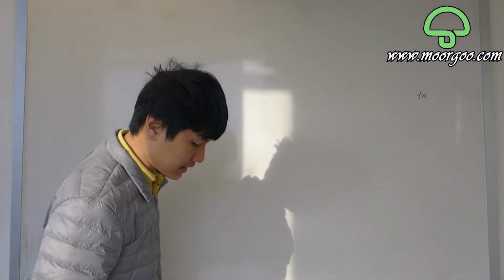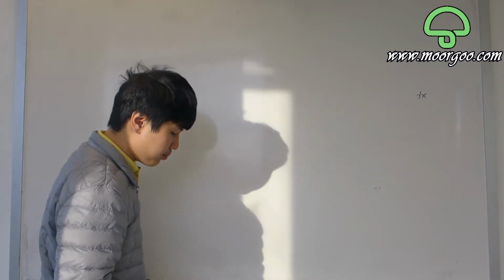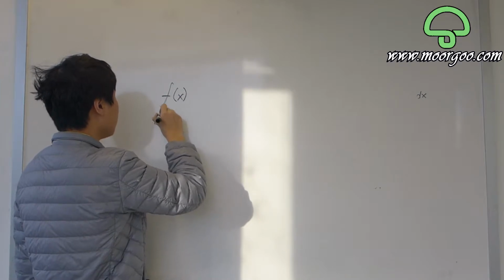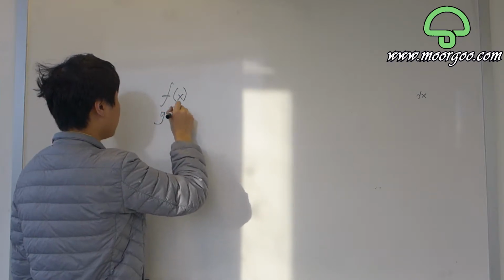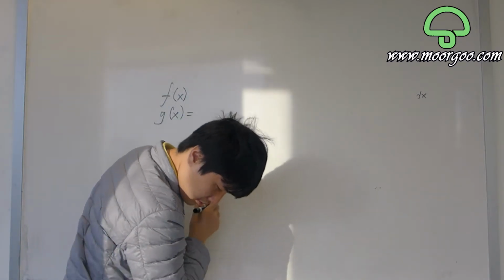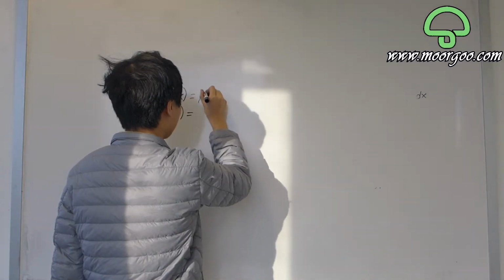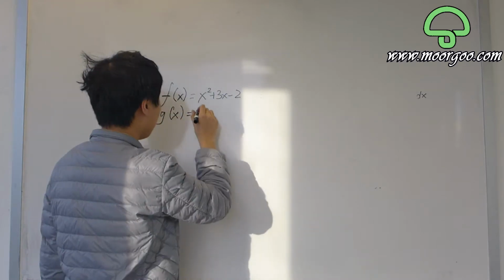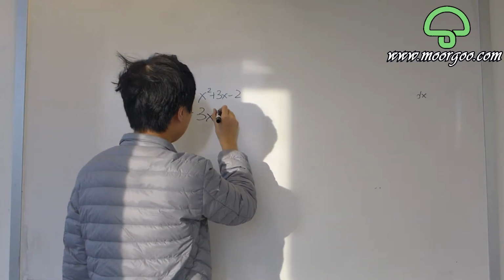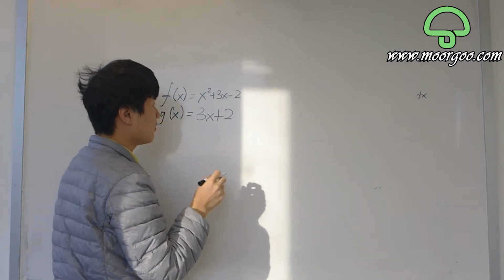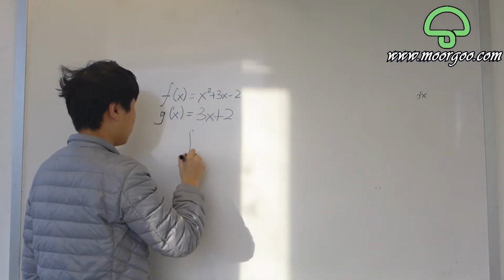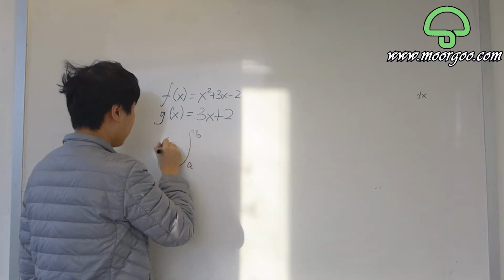Now let's start with the easy one. We want to find the area between f of x and g of x. First, we recall the formula.